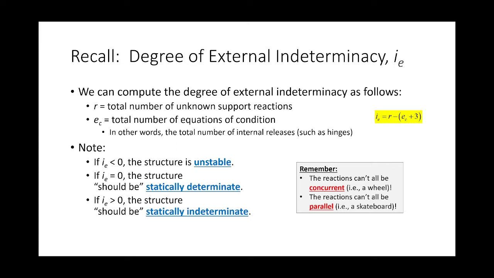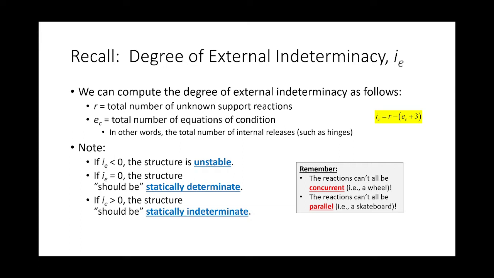We were comparing the unknown support reactions to the known equations. So R minus the quantity EC plus 3. Why 3? Because externally, there are 3 equations of equilibrium: sum of forces in the x direction, sum of forces in the y direction, sum of moments. Now, remember this.